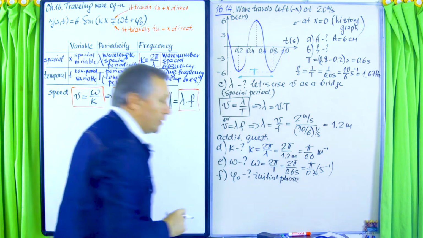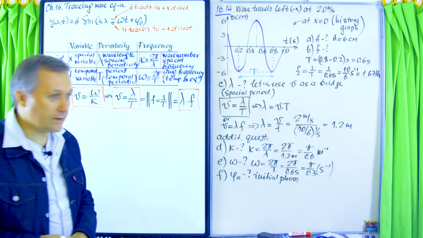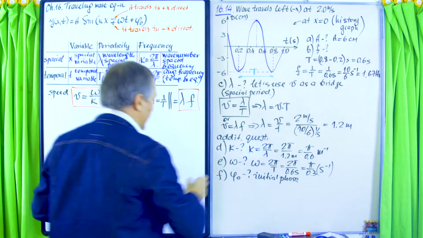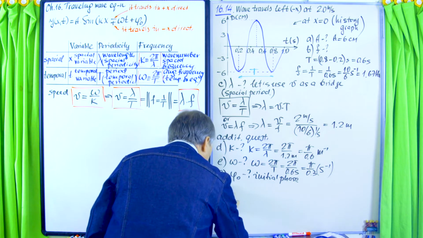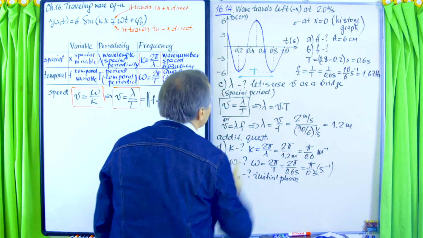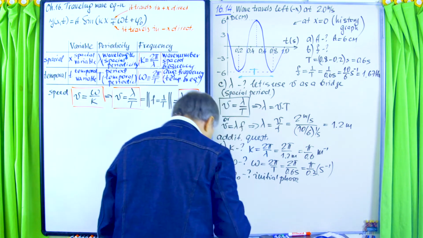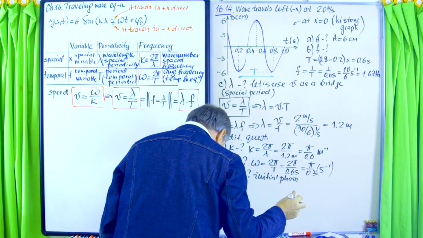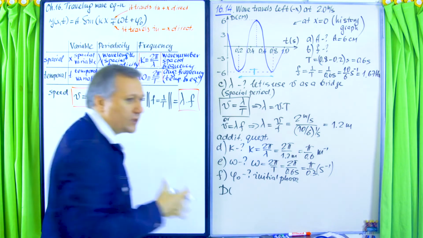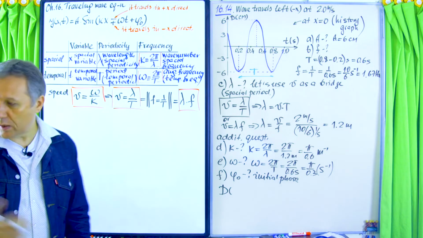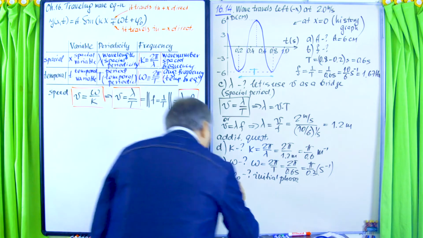In order to describe how we can find that initial phase, let me write the equation. So y is a, actually in our case it's D. The book decided to use D, or in my notes I use D. It's not a big deal. It's a displacement from the equilibrium of the points I showed to you.